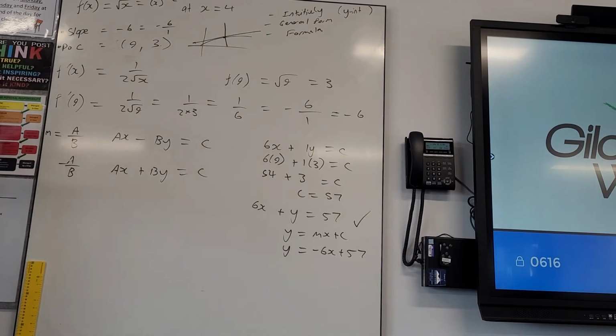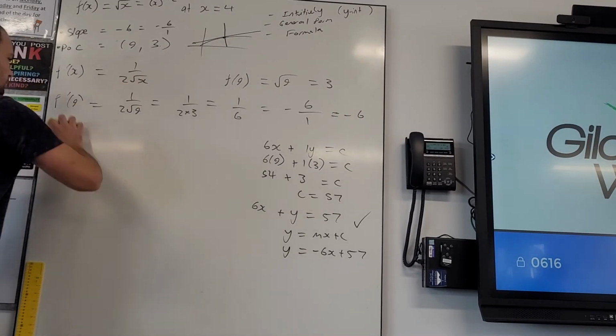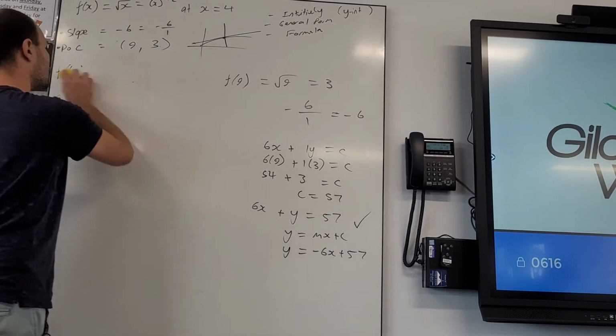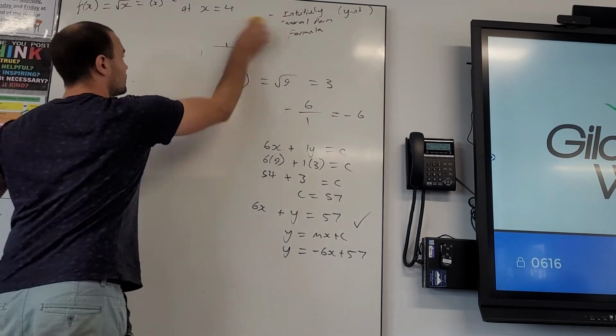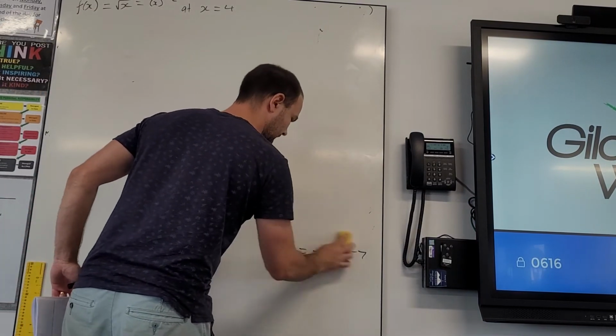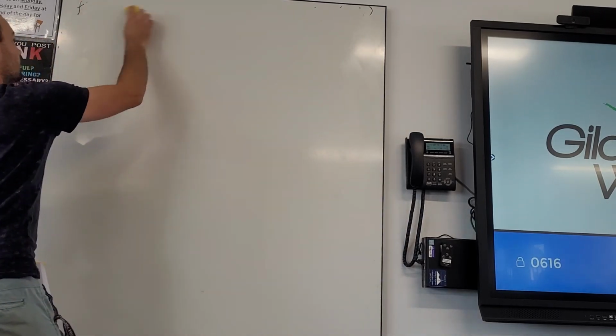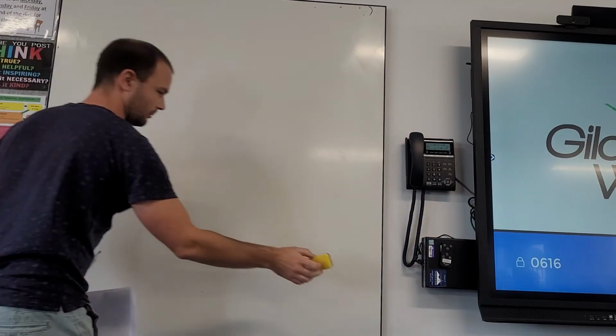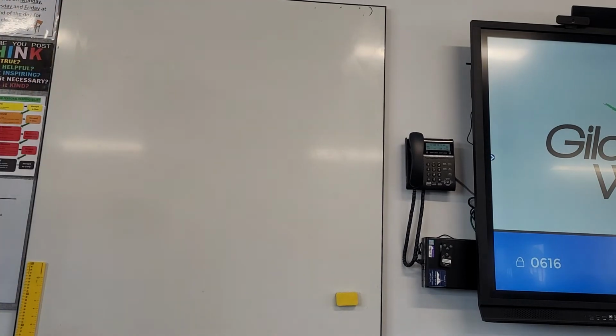And maybe we'll use the formula this time, so you can see an application of the formula. We've seen the first 2 processes, y-intercept form and general form. Let's have a look at the formula.